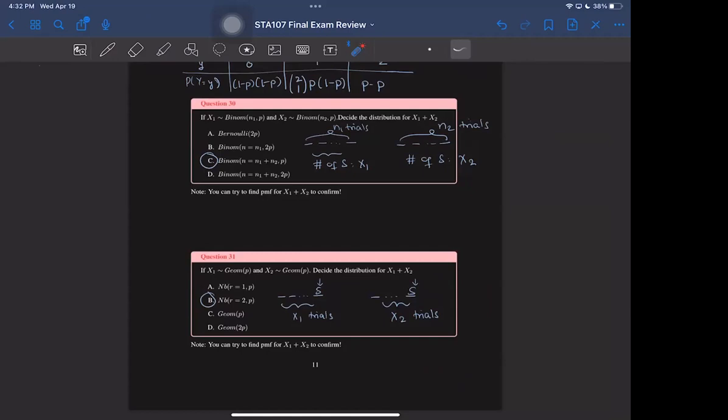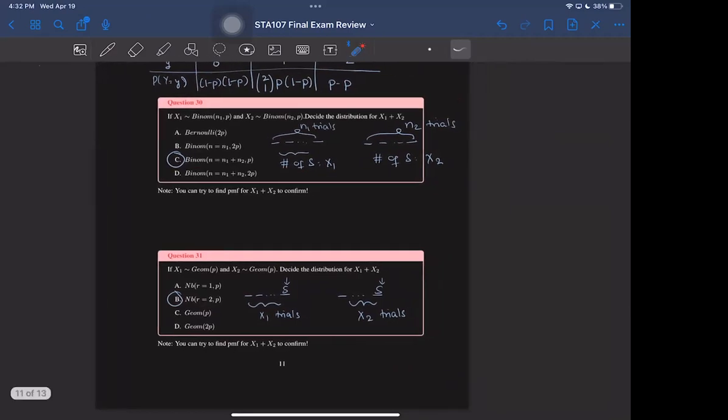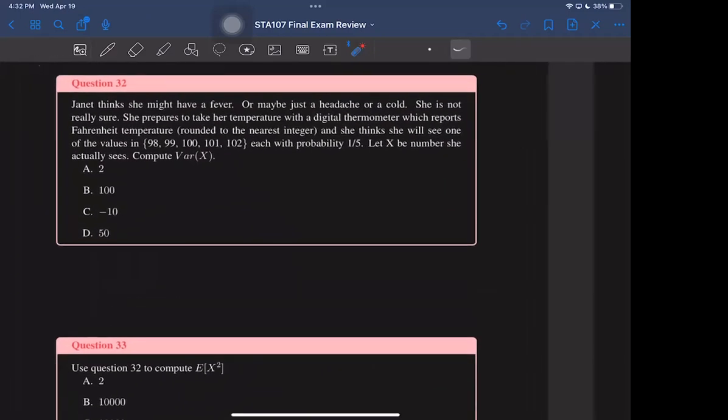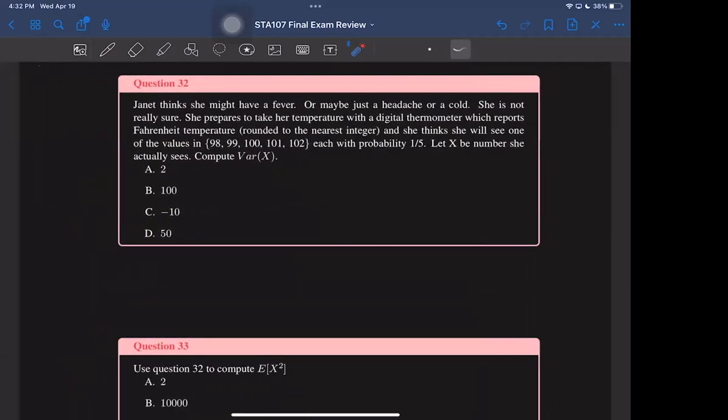Okay. If there are no questions regarding this, I will let you attempt question 32. Here, I suggest you use the formula that variance of X equals expected value of X squared minus mean squared.